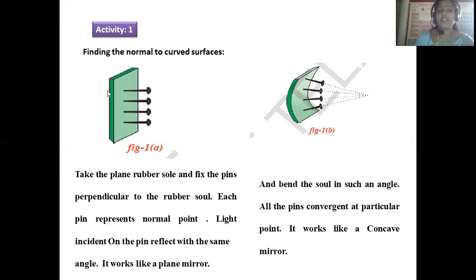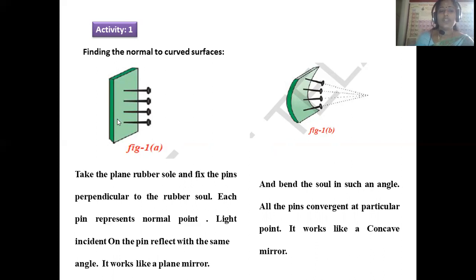Otherwise, you can take a single fragment of that rubber sole also. So this small piece of rubber sole was taken. On it, four points at identical distances were identified. On those, you have to hook four nails. Four nails were inserted onto the surface of this rubber sole, right?